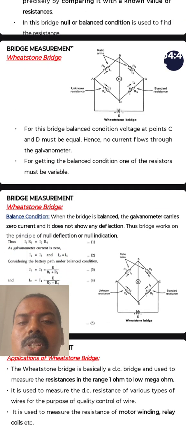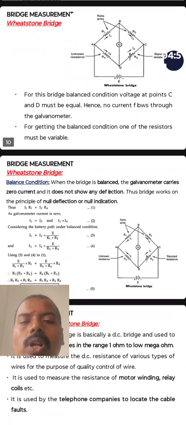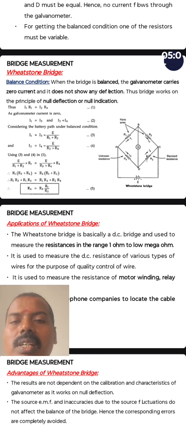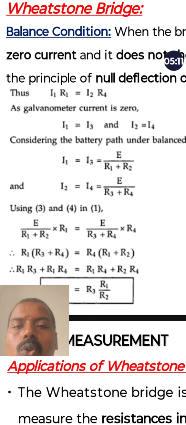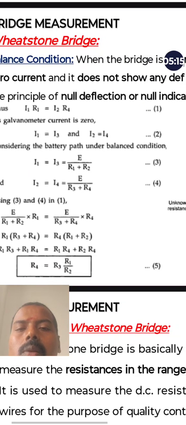For this bridge measurement, in the balanced condition the voltages at points C and D are equal. One of the resistors must be variable. Here for the balanced condition, the equations are given at the null deflection position. I1 R1 is equal to I2 R4, which is equation number 1.